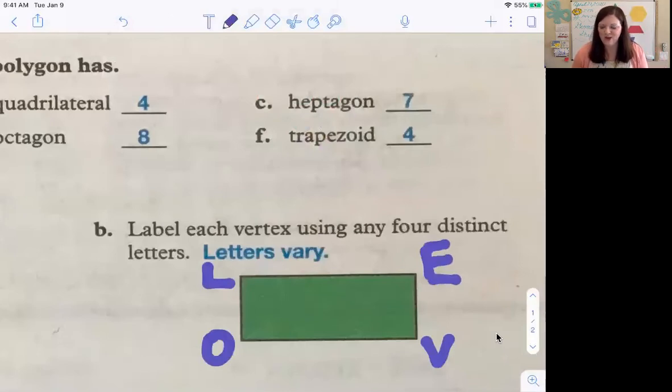There we go, L-O-V-E. You can choose whichever letters you would like. Just make sure you don't put 2 E's or 2 L's. I was gonna use Emma's name, but that has 2 N's. Then I thought, oh, I'll use Abby's name, but Abby has 2 B's. So make sure each point or each vertex has its own letter, okay?